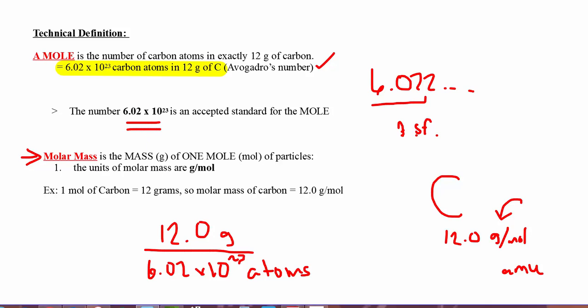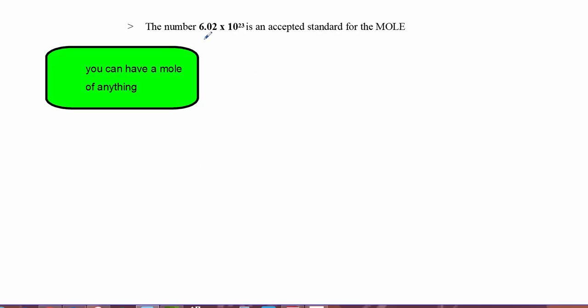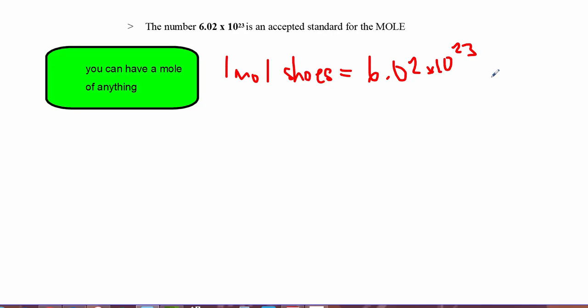So this number then, 6.02 times 10 to the 23, that is the standard for the mole. So a mole of anything then has this value. So for example, if I said that I have a mole of shoes, which by the way would be absolutely a crazy amount of shoes to own. If I did have a mole of shoes, I would have 6.02 times 10 to the 23 shoes, which I would never even be able to wear in my lifetime, but that's okay.